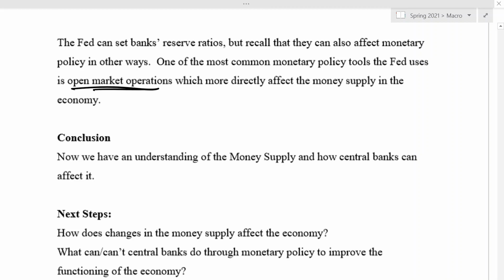I'll explain a little bit more detail as we go into the next video, and show some statistics and current numbers for the money supply and for the reserve requirements. These can all be seen on the Federal Reserve's website.